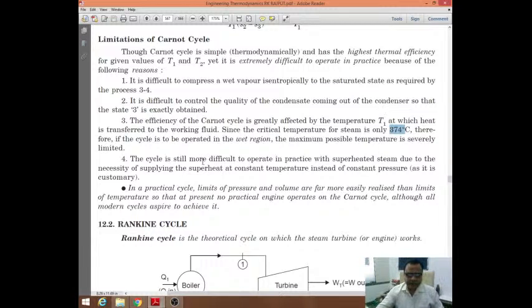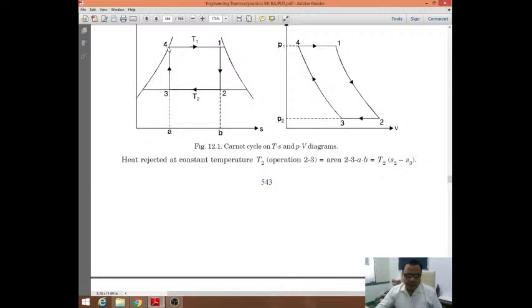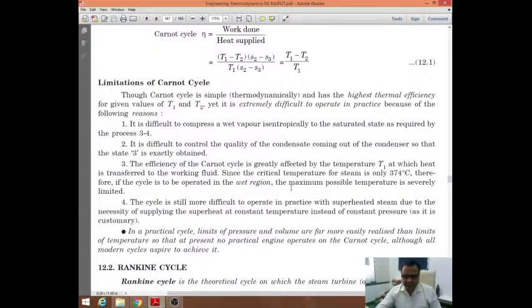So if you want to operate the Carnot cycle within the wet region, avoiding the confusion of the processes, then we need to operate it in the wet region only, and the maximum possible temperatures are limited, that is 374 and 30 degrees Celsius, because of which the efficiency is limited.